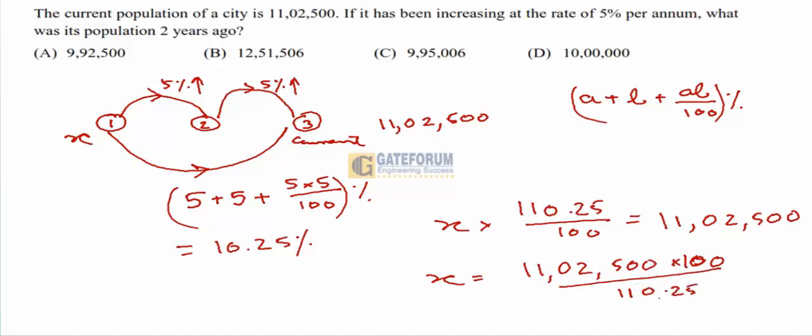As you can clearly see, 1102500 is divisible by 110.25, so this is 10,000. So 10,000 into 100 will be 10 lakhs. So 10 lakhs is the population that was there 2 years ago. This shortcut ensures that we reach our goal faster.